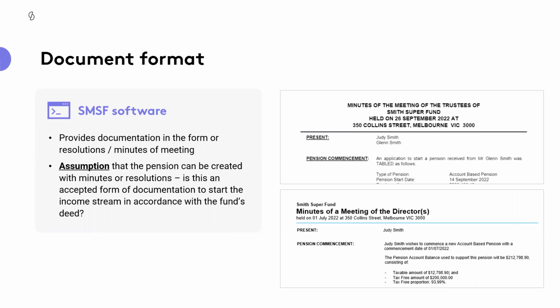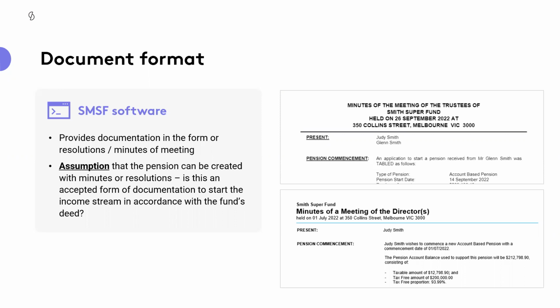I've got here a couple of extracts. I'm not going to say the software providers, you'll probably be able to work them out anyway. In the first instance, you have either resolutions or minutes of meeting that set out the pension the fund is intending on commencing. The assumption made first and foremost is that the pension can be established by resolutions or minutes.